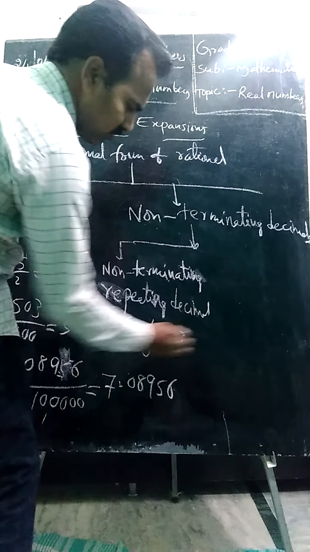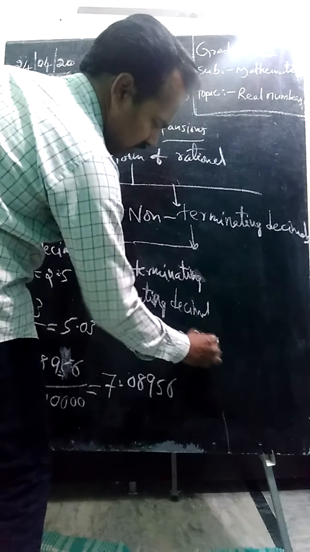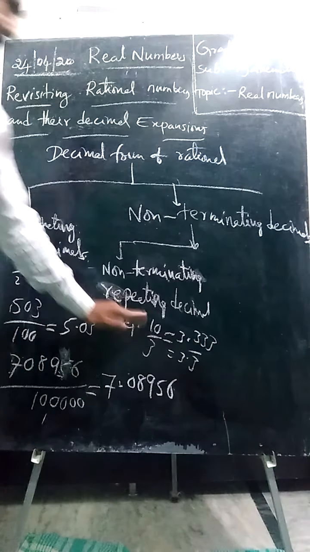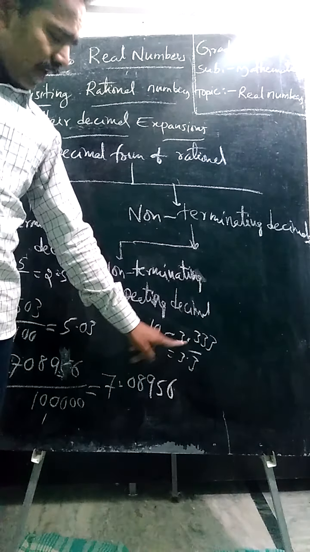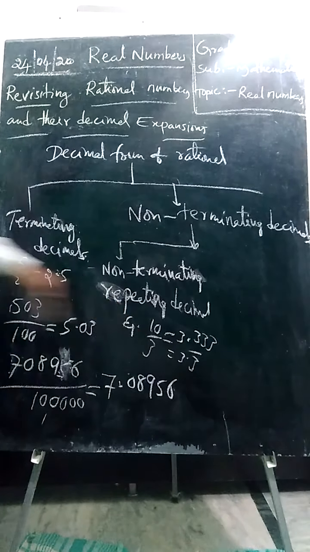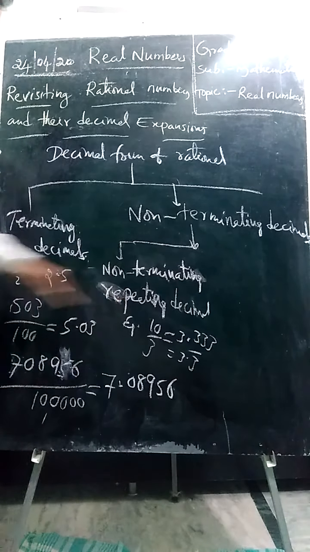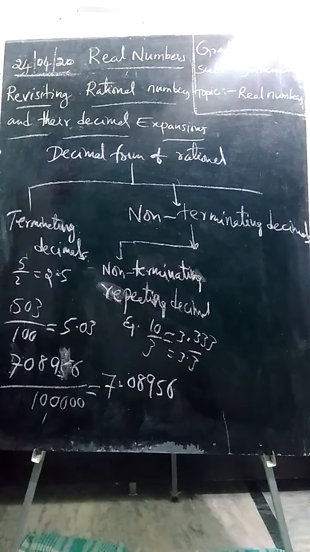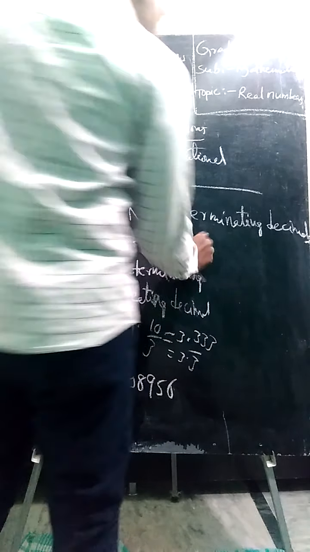We can write 3.3 bar. So we can write a decimal number as a non-terminating repeating decimal. That is why rational numbers are of two types in decimal form: terminating decimals and non-terminating repeating decimals. We have many, so let us discuss with examples.